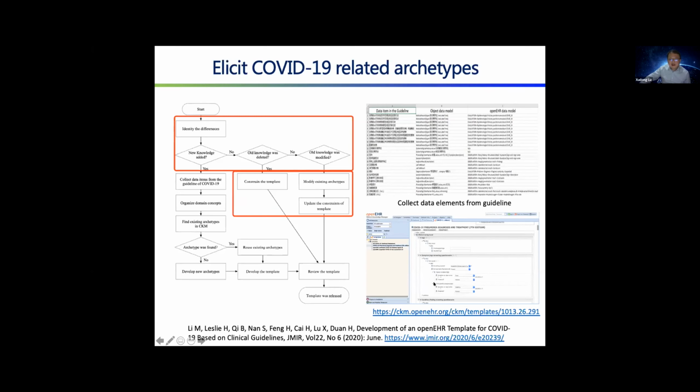If there are none of these existing archetypes, we will extend and create a new one. This work has already been published in JAMA, and our work can also be found in the CKM knowledge base.